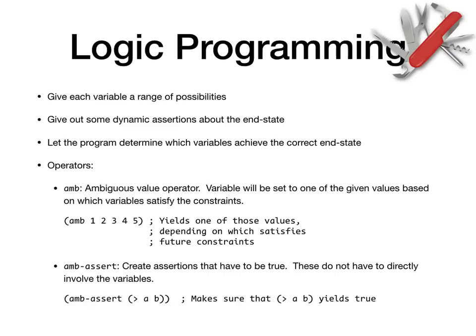I don't know which, one of them. And then later in your code, you can make assertions. And the code will re-execute and re-execute and re-execute until it finds the set of ambiguous values that satisfy all of your assertions. And so let me show you some code.